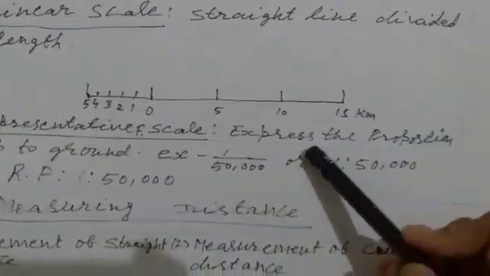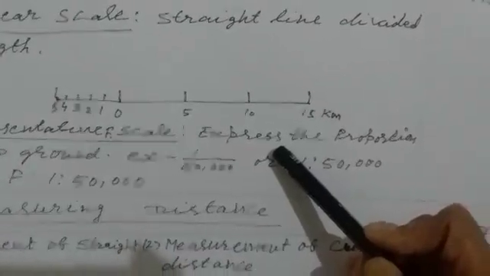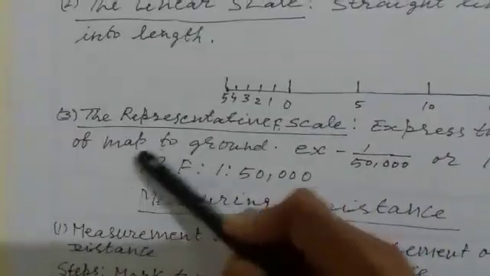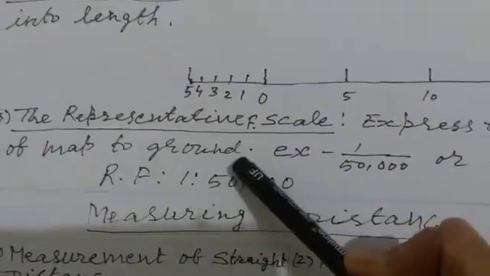Third, the representative fraction scale. The representative fraction, or RF, expresses the proportion of map to ground.